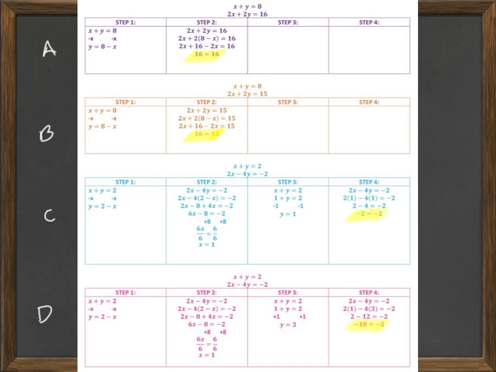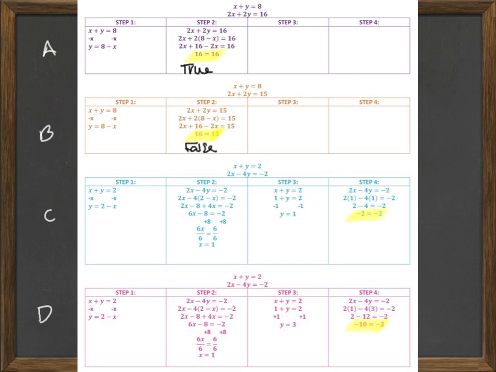So in letter A, the purple one, we have 16 equals 16, and that's happening in step 2. In example B, the orange one, we have 16 equals 15, so that's a false statement in step 2. So at this point in either of these examples, have we found values for x or y yet? The answer is no. So again, we have a true statement in step 2. Here we have a false statement in step 2.